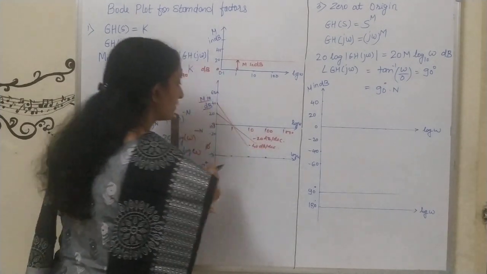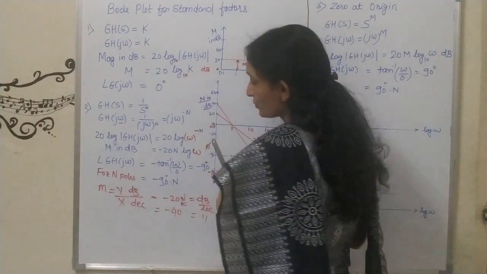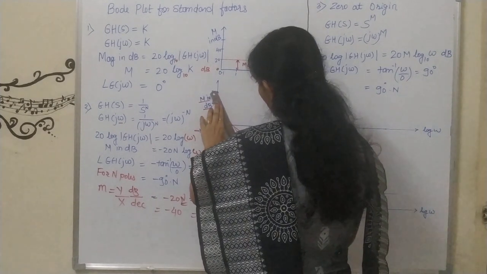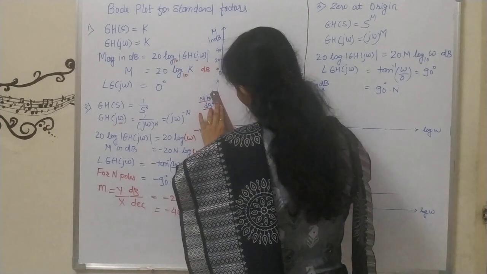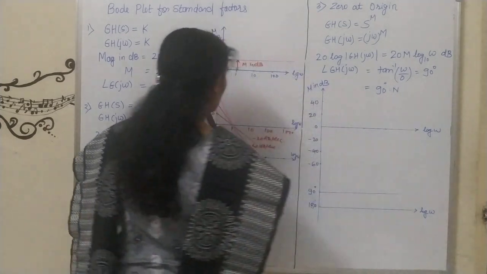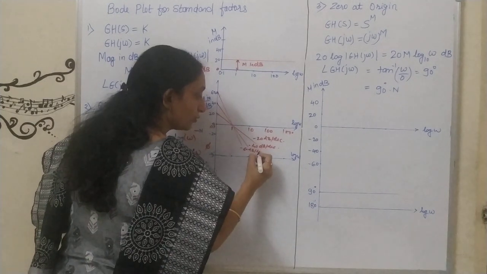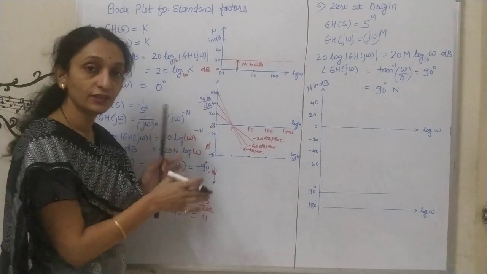Then next, suppose n is equal to 3, three poles are there. So this will be minus 20 into 3, minus 60. You will join 60 and first decade. This third line is minus 60 dB per decade. I hope you are getting it. So all these three lines are decreasing, so they have the negative slope.